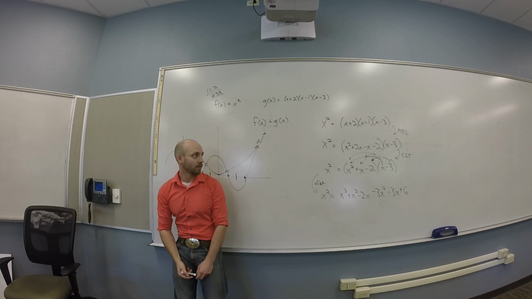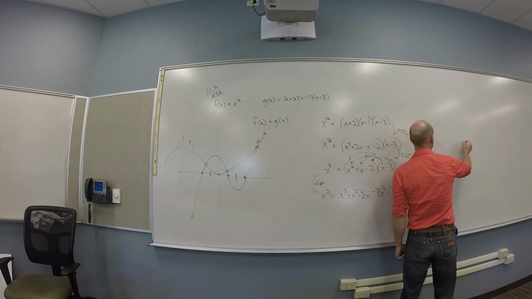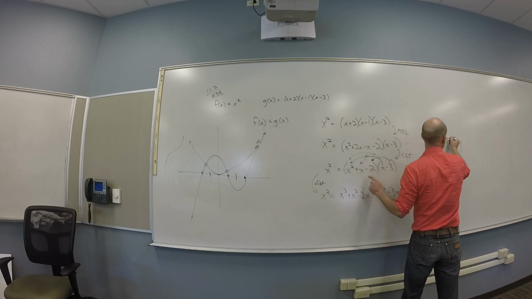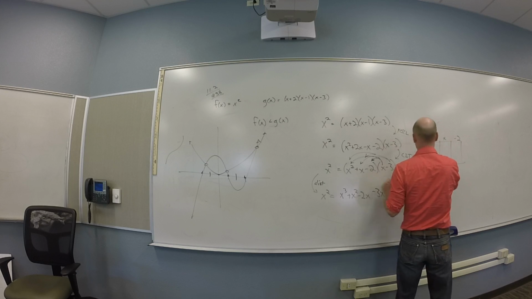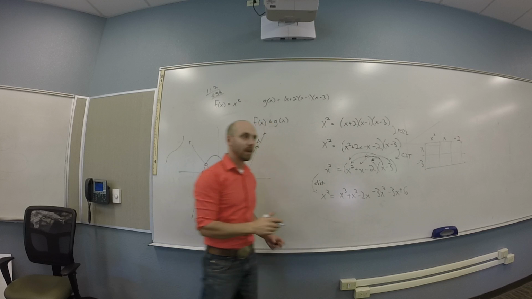You can draw a box if you want to, which helps sometimes. If you're doing one of these and it's giant, you can always set up x squared, x minus 2, and x minus 3, then fill in and add everything up.